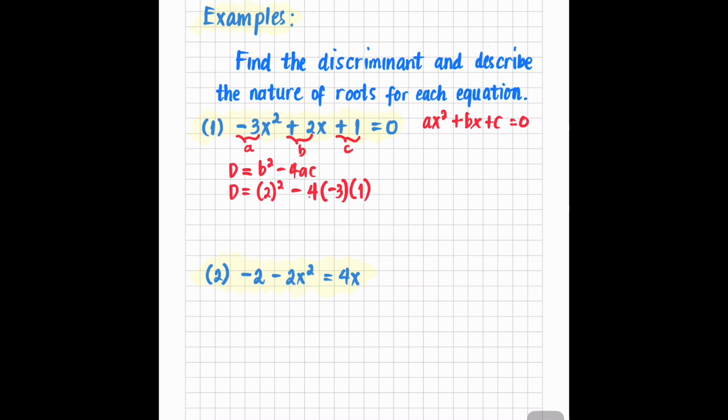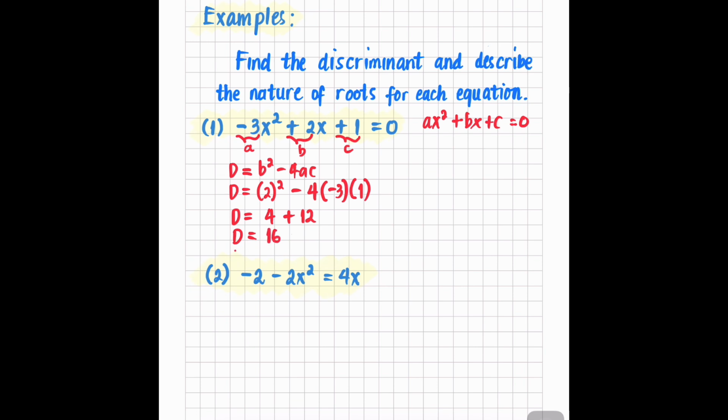Minus 4 times negative 3, which is the a, and c is positive 1. And then simplify. 2 squared is 4. A negative multiplied by another negative number will give us positive. Then 4 times 3 times 1 is positive 12. Therefore, the discriminant is 4 plus 12, which is 16.